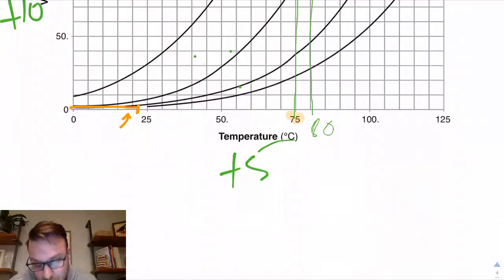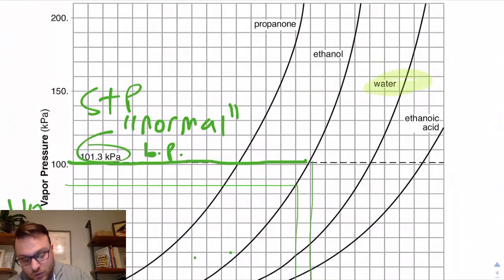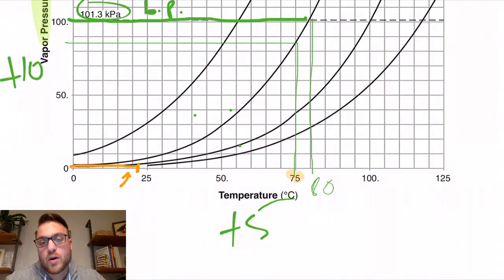So you need to figure out how much water vapor is created to get you to 2 kPa of pressure, because this unit on this graph is in kPa. So we need to figure out how much water vapor exists at 22 degrees Celsius at that pressure in the volume of the room that you're given.